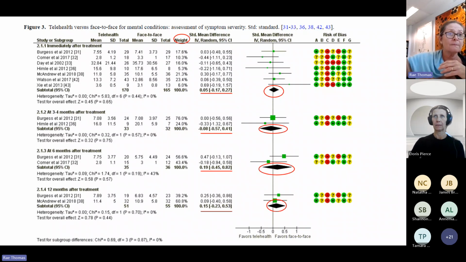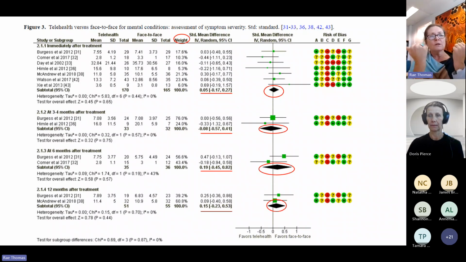That's what that number says. The horizontal points of the diamond are the confidence intervals, right? So the left-hand point of the diamond is minus 0.17. The right-hand point is plus 0.27.